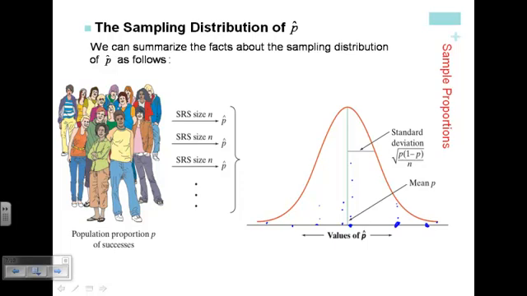The distribution spread can be calculated using the value of p and n. And the distribution is normal as long as np is greater than 10 and n times 1 minus p is greater than 10. Oh, sorry, it's approximately normal. It's normal enough that we can use the normal tools.